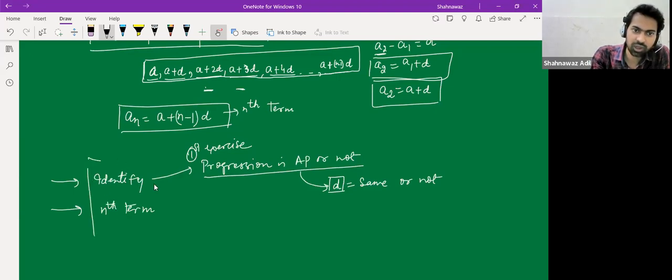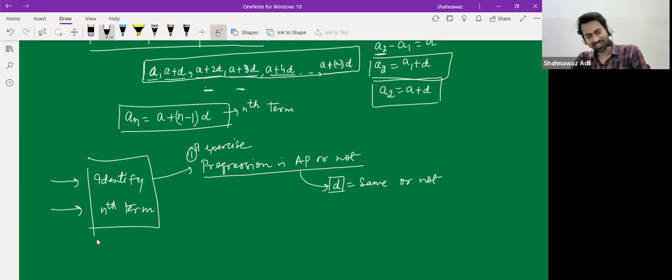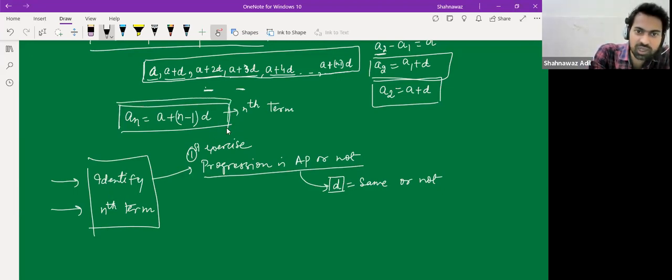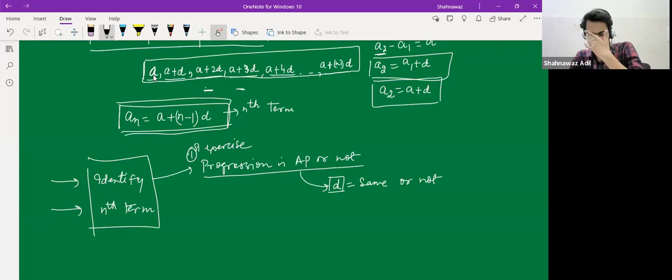Okay, so Rizwan, your syllabus is covered, right? We will be only using these two: this formula and this general form. So this much we'll need in all these two exercises.